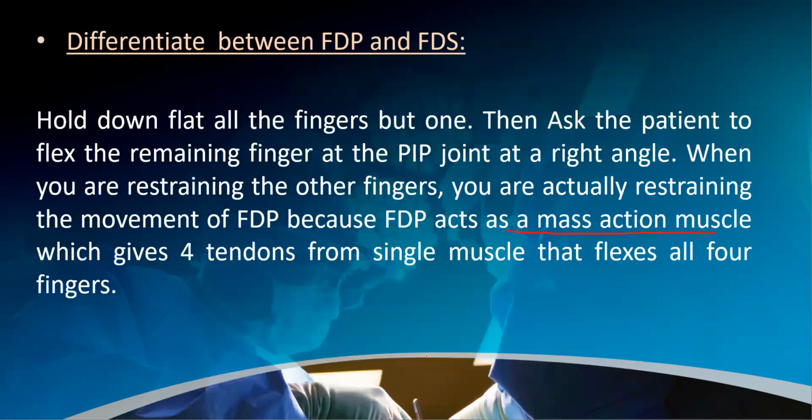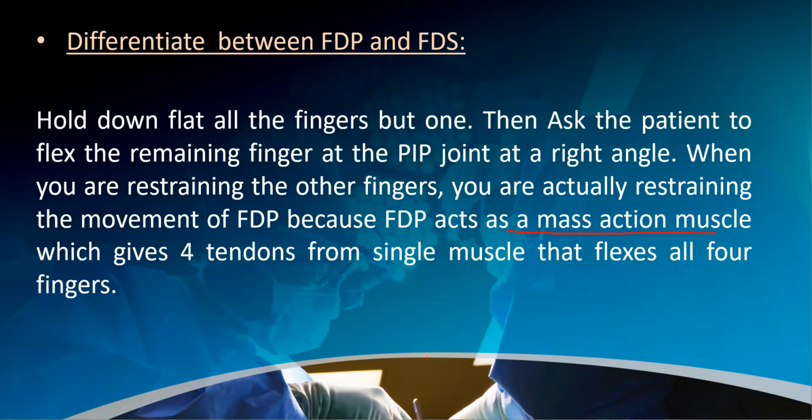So that's why you hold down flat all the fingers but one. Then ask the patient to flex the PIP joint. When you are restraining the other fingers, you are actually restraining the movement of FDP. That means FDP is no longer helping with the PIP joint flexion.